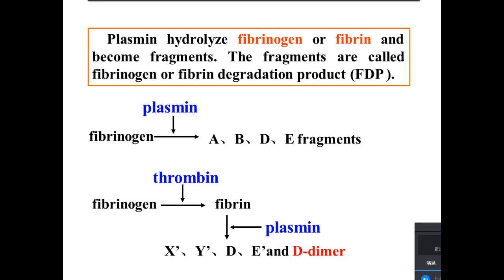Understand? So in the second pathway, the coagulation system is activated first, and next leads to fibrinolytic system activation.